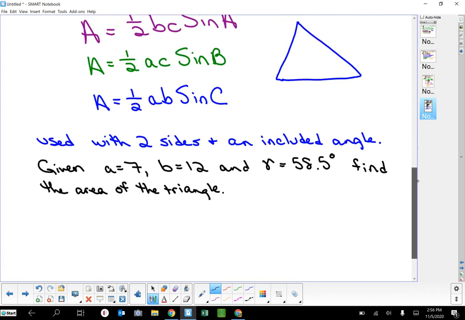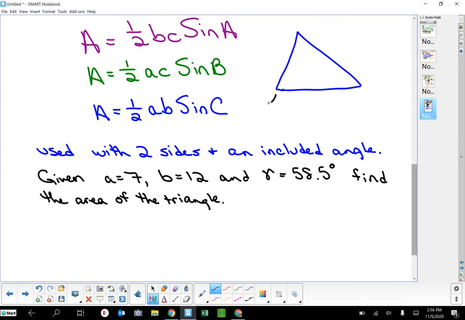Okay, so I'm going to scroll up here just a little bit. I'm going to label alpha, beta, gamma. We're going to label this guy 58.5. Alpha, A would go across from alpha, so that's 7. B would go across from beta, that's 12. And so gamma is like C, right?